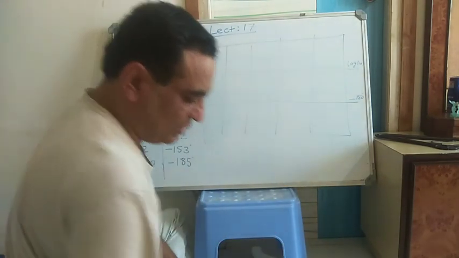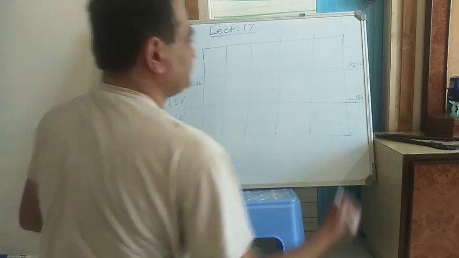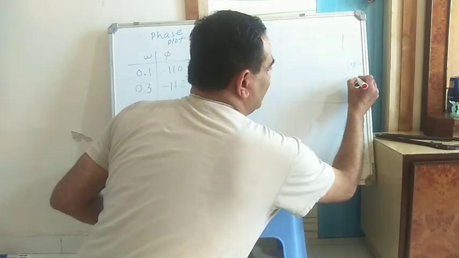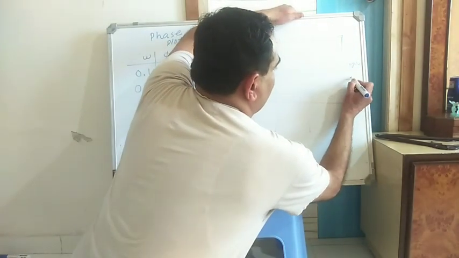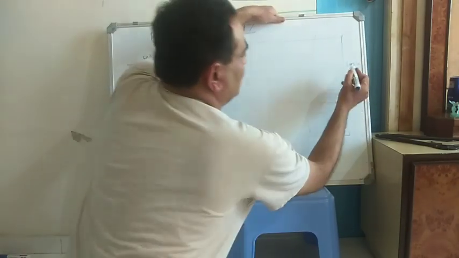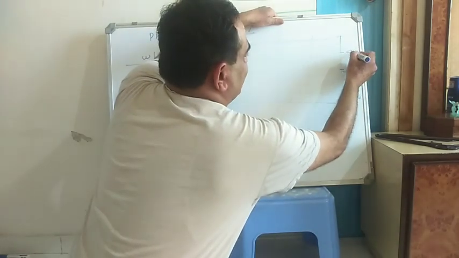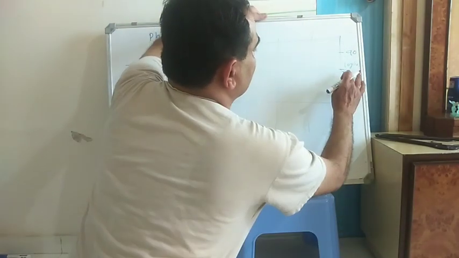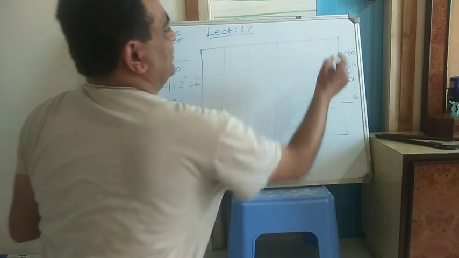And now you can give a scale to this also. Let's say this is minus 150, minus 120 degree, minus 90 degree.